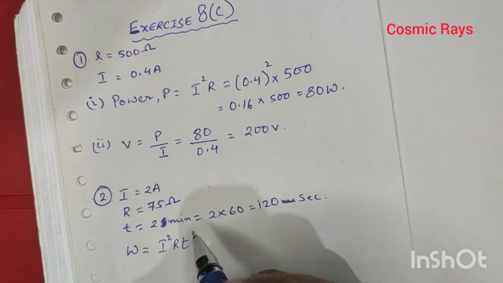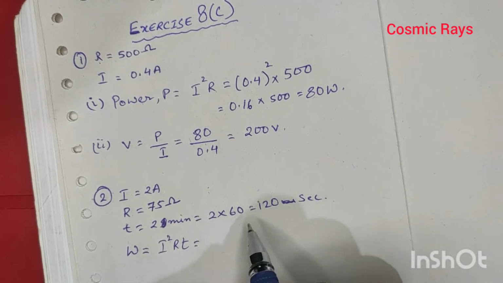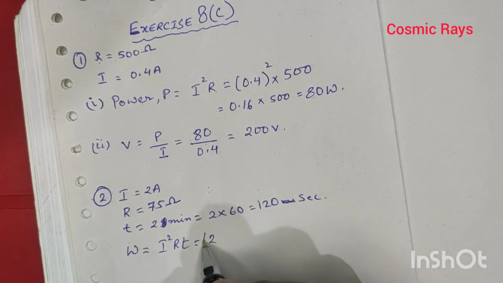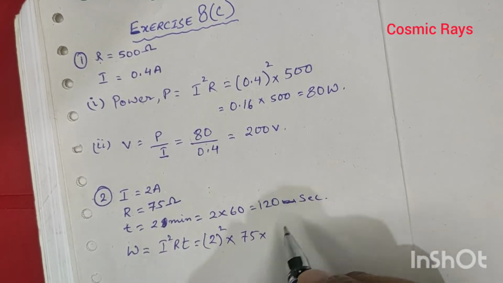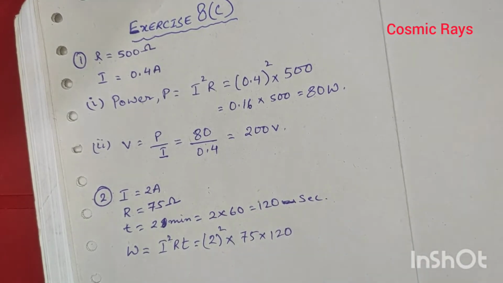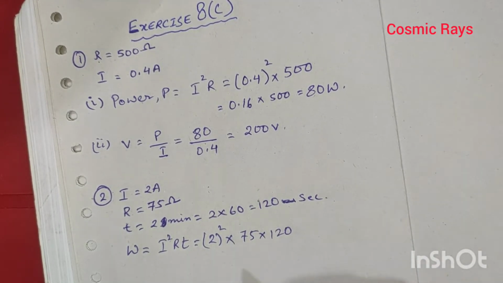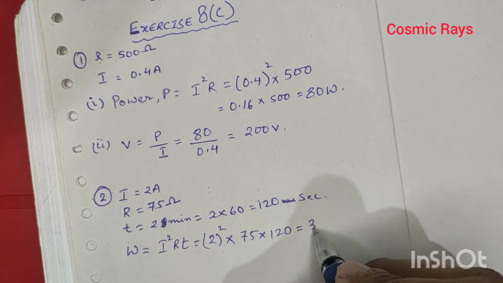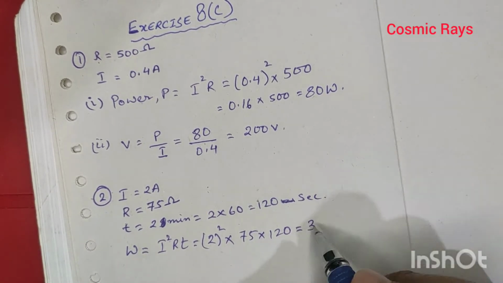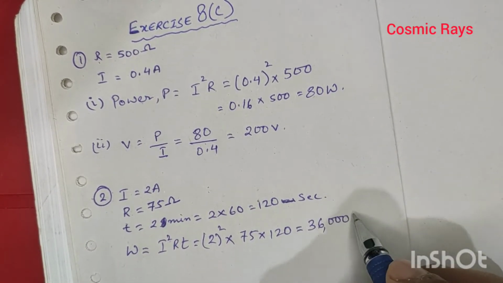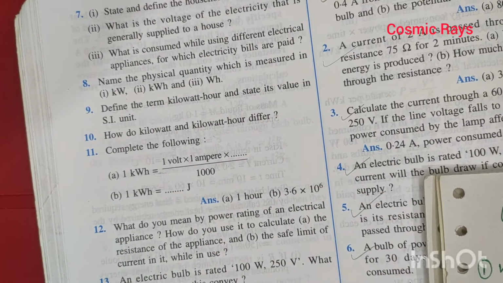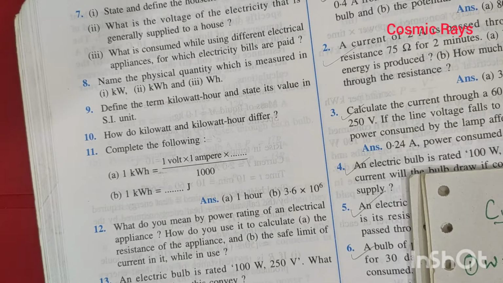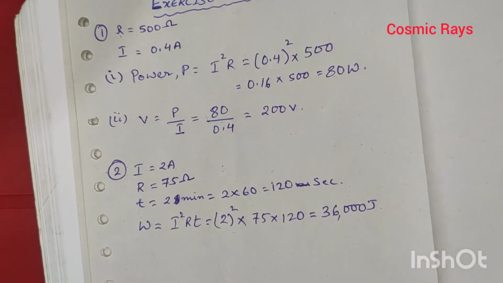We have the value of I, that is the current, is 2 ampere. So 2 square multiplied by resistance is 75 ohms multiplied by 120. So when we do it, we'll come to the answer as 36,000 joules.